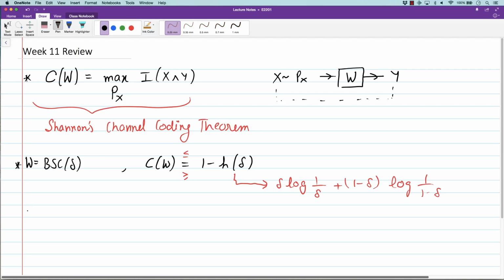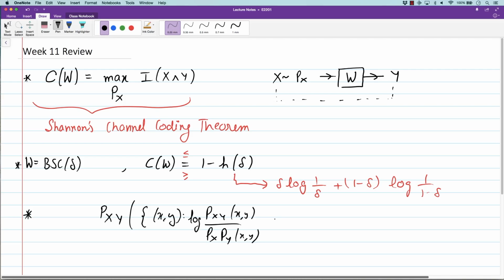A similar proof was given for a general channel, where we showed a single shot result. We showed that suppose for an input distribution X, and let Y be the corresponding output, you can show that the pair XY with probability under P_XY larger than 2 to the power lambda times P_X P_Y, so log likelihood ratio greater than lambda, has probability greater than 1 minus epsilon.